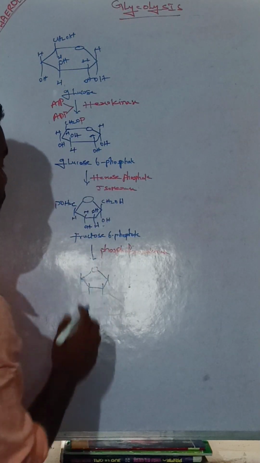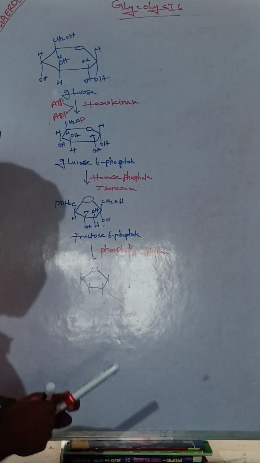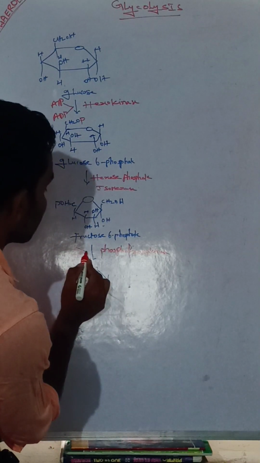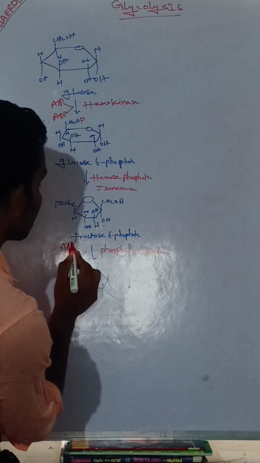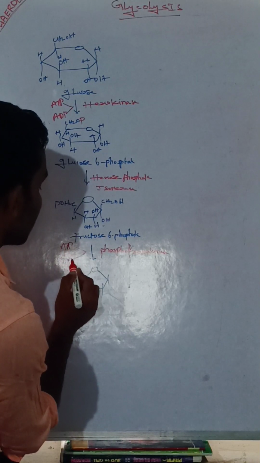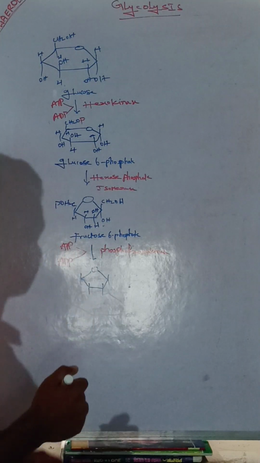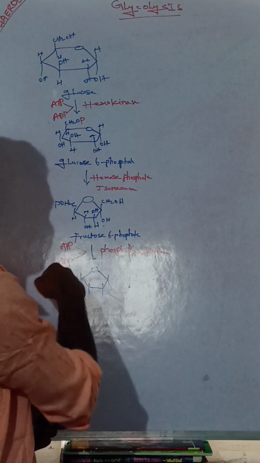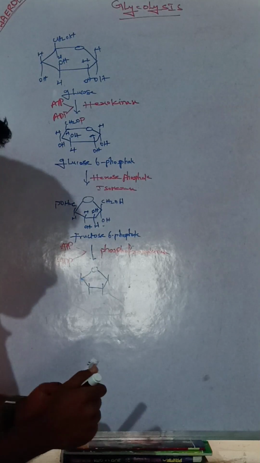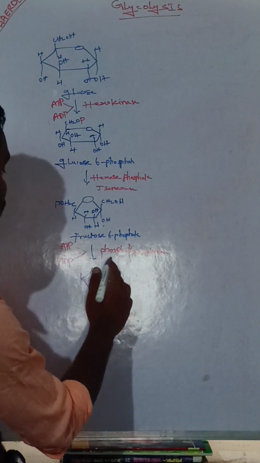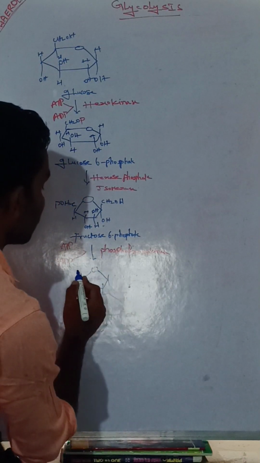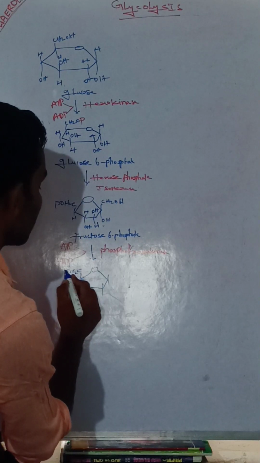Here one more ATP will be used. ATP turns to ADP. Here the ATP gives the phosphate to this. Here fructose 1,6-bisphosphate. Already we have the phosphate here, CH2OP.